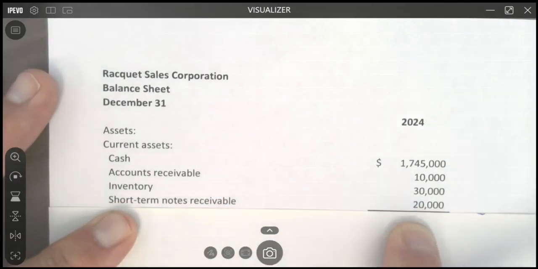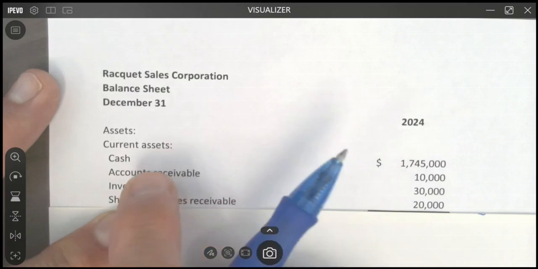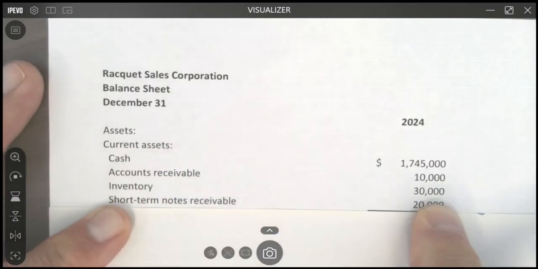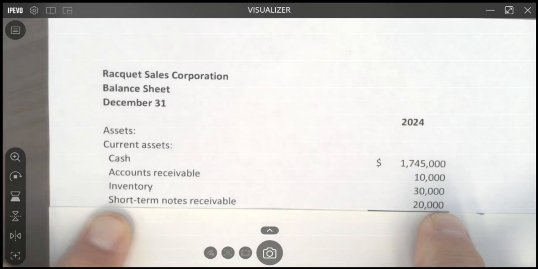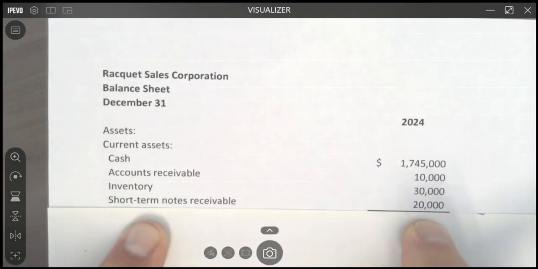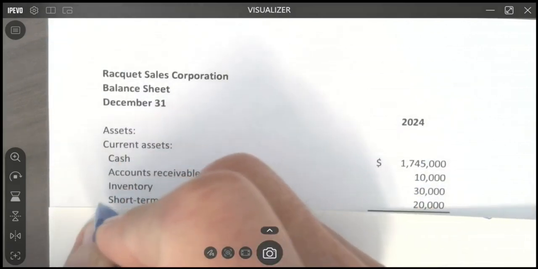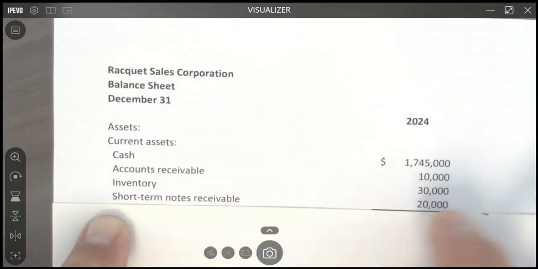If you put short-term notes receivable and then inventory, I would say you did it better. It doesn't matter completely, but I would in retrospect put this up here.